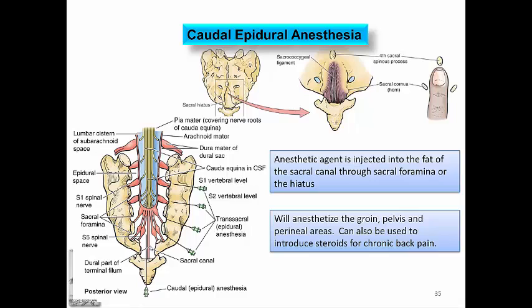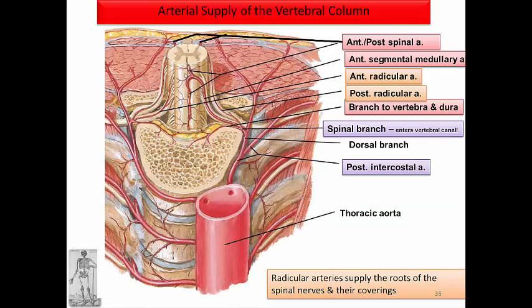As indicated in this image, you can also introduce a needle through other dorsal sacral foramina into the epidural space. So then you could do a so-called transsacral epidural anesthesia. These are all methods that can be used to relieve the pain during childbirth.